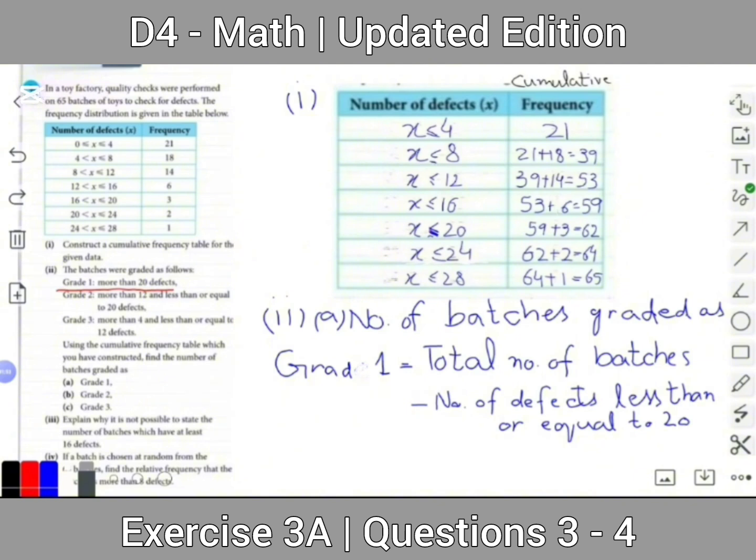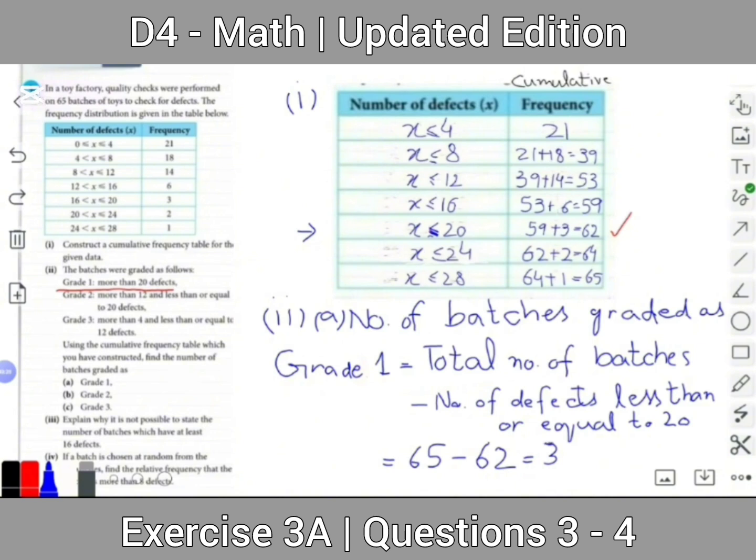In other words, if we want to find out the number of defects more than 20, we have to subtract the number of defects less than or equal to 20. So we pick the cumulative frequency from the table corresponding to the number of defects less than or equal to 20, which is 62. So 65 minus 62 is equal to 3. So the number of batches graded as grade 1 is equal to 3.